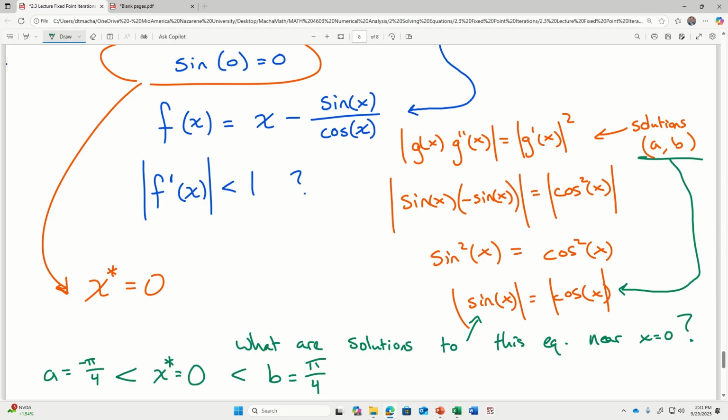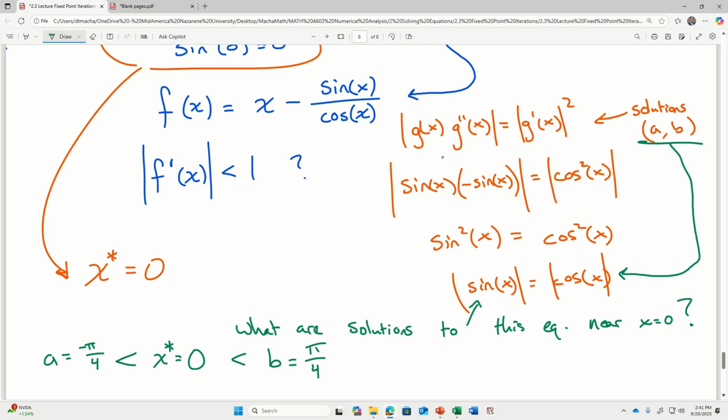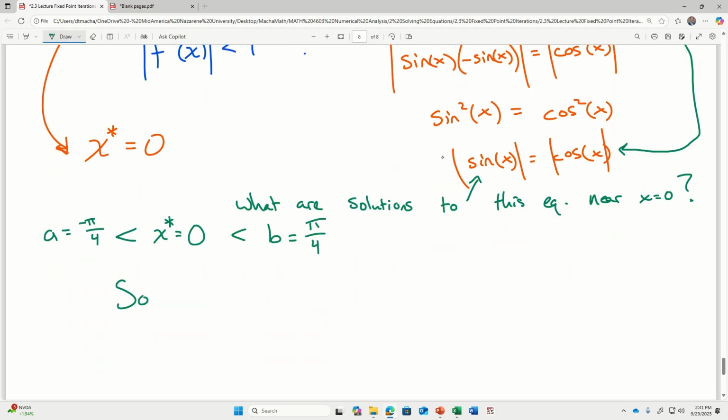And so this is my guaranteed basin of attraction. So the guaranteed basin of attraction is from negative pi over 4 to positive pi over 4.